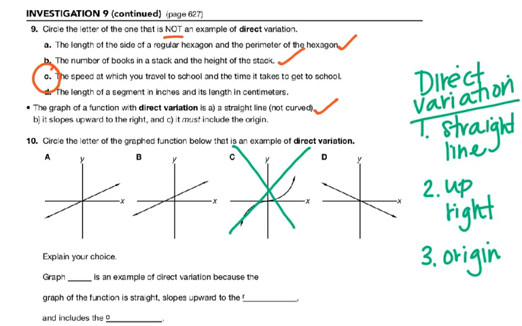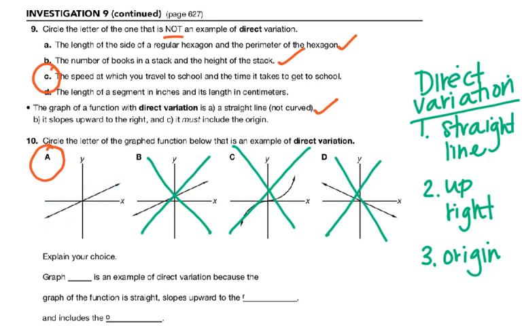So we can say that this one is not a direct variation. Then it has to include the origin. Well, this one does not include the origin. So this one is not direct variation, which means A is our direct variation.